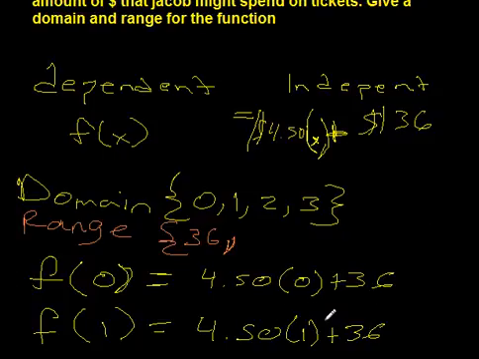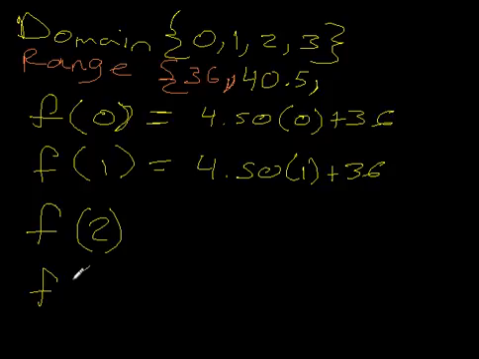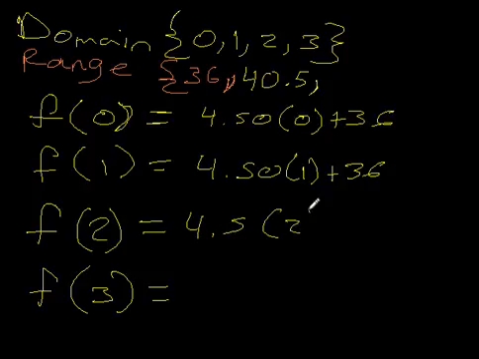Well, 4.50 times 1 is 4.50, plus 36. It would be $40.50. So the way that you would solve for the rest of these is to say, f of 2 is, and f of 3 is, and these are the values that you can have. 4.5 times 2 plus 36, or 4.5 times 3 plus 36.